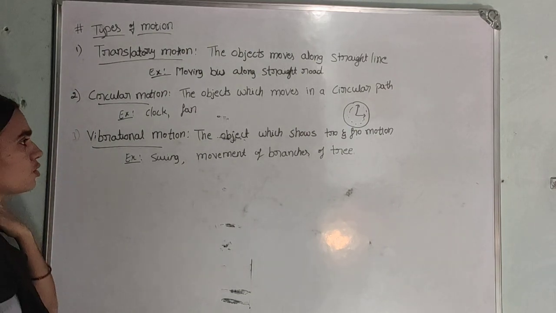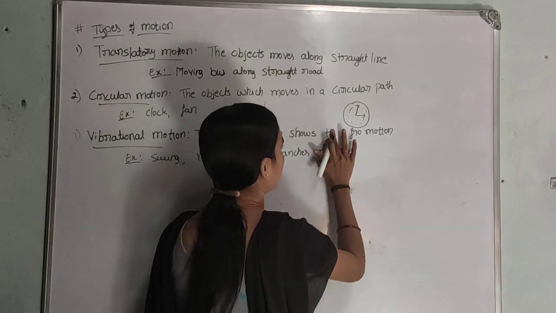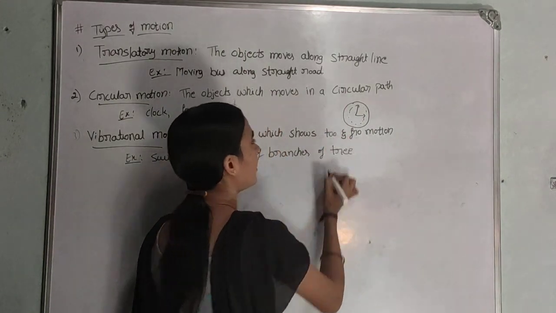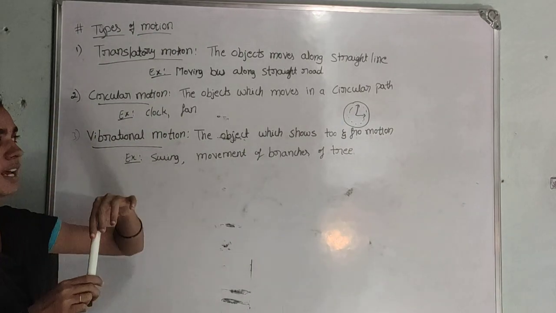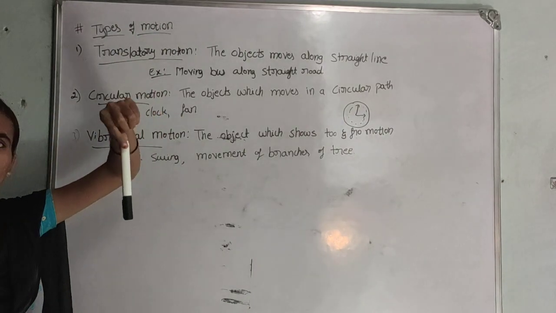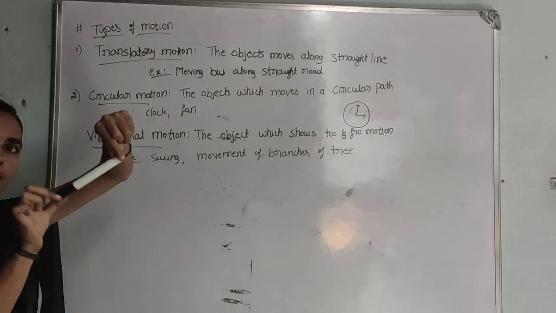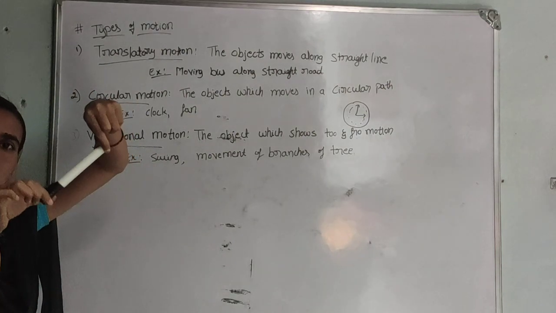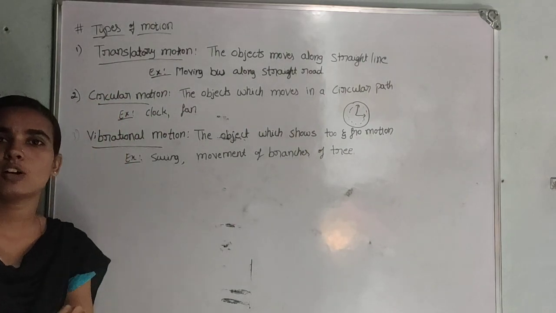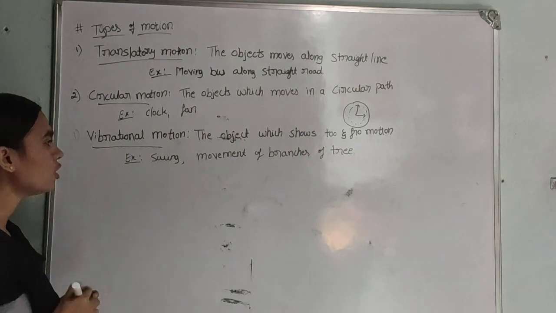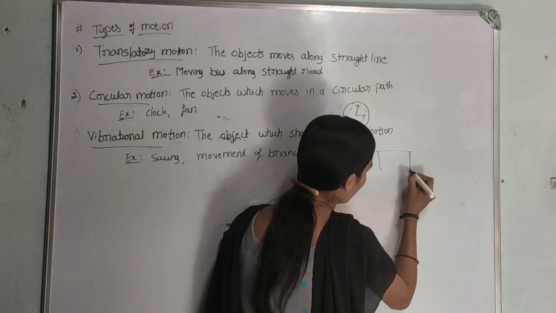So the object shows a to and fro motion. To and fro motion is nothing but moving in the forward and backward direction about a fixed point. A swing, which we call a jokali, is fixed at a particular point.